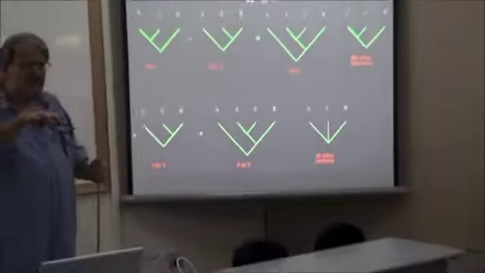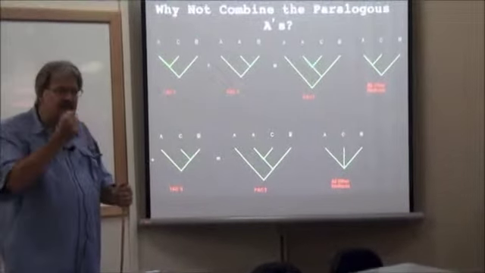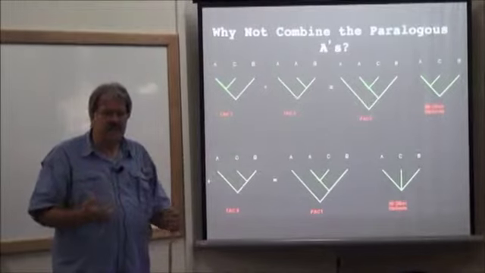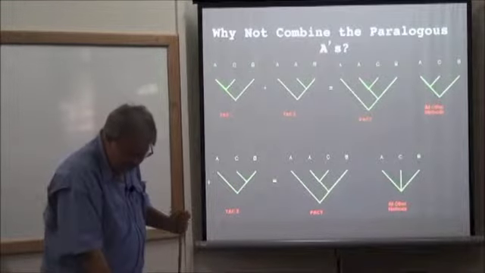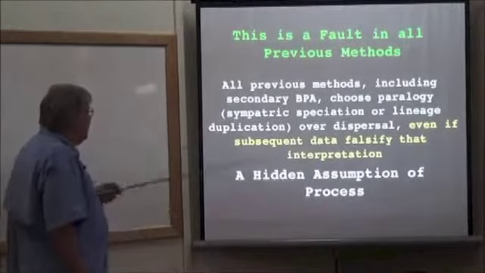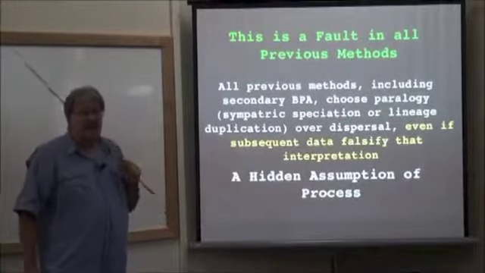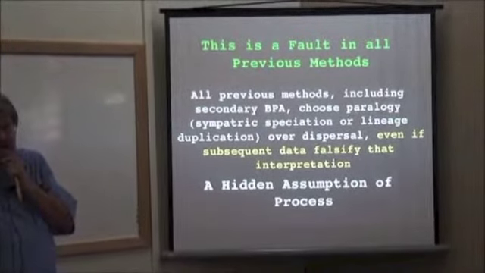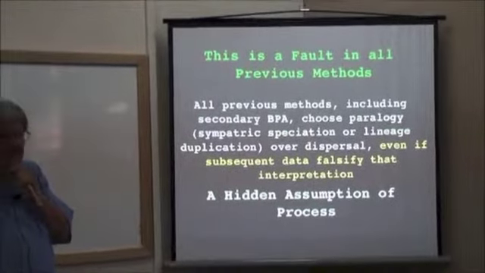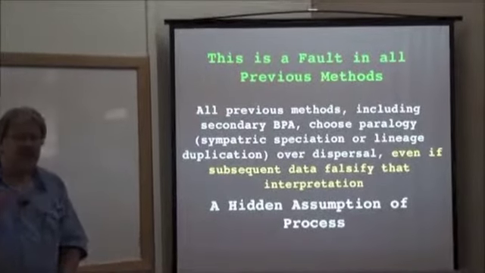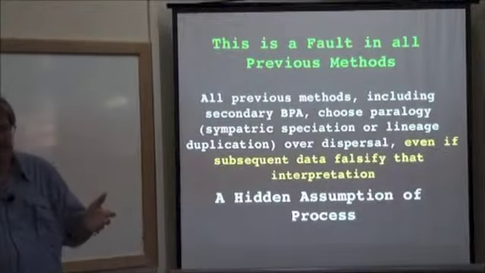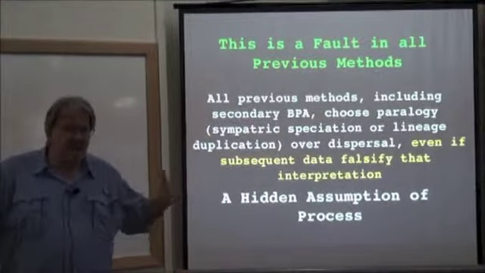And I'm going to return to that at the end, and I really want to get you to understand this difference between simplicity and parsimony. And this is a problem with every single method that has ever been produced, including mine. And it's because the way we analyze these things with a matrix of information, we end up combining everything.